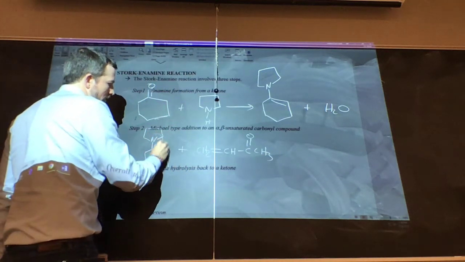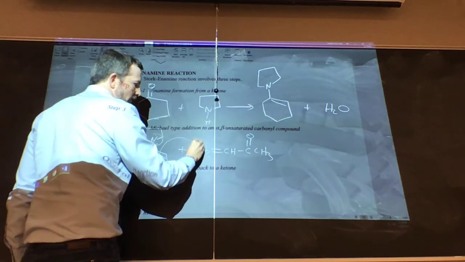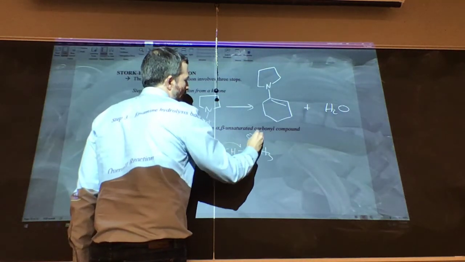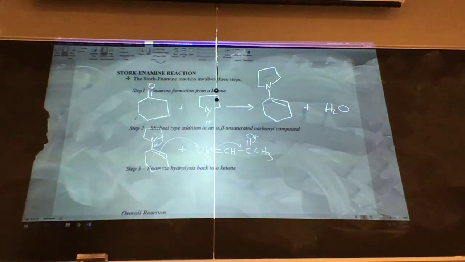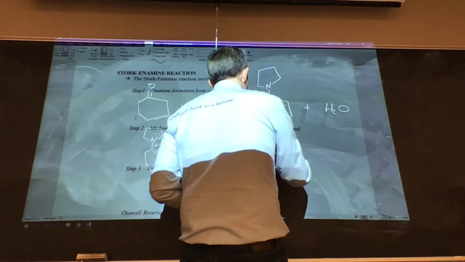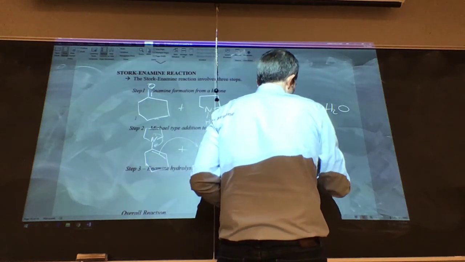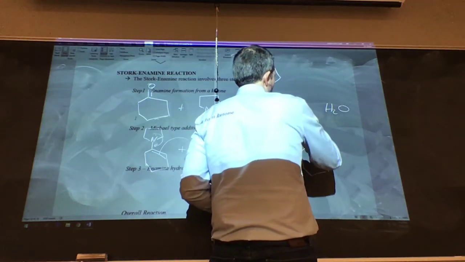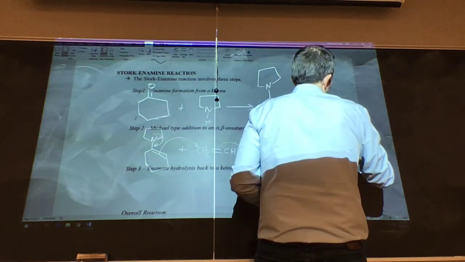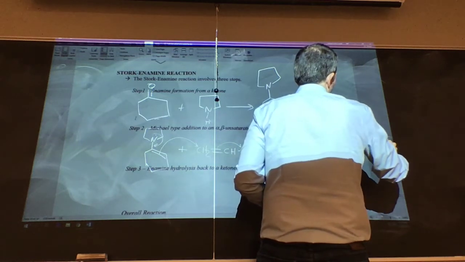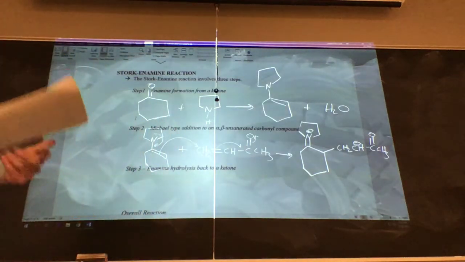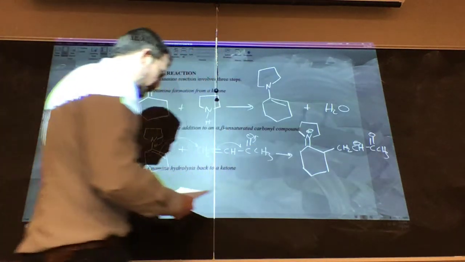It's a Michael type addition, so it adds to the beta position here, or you could put the negative charge going up on that, either way. I'll show it with the minus charge on that carbon, even though it can be stabilized by resonance with that carbonyl.